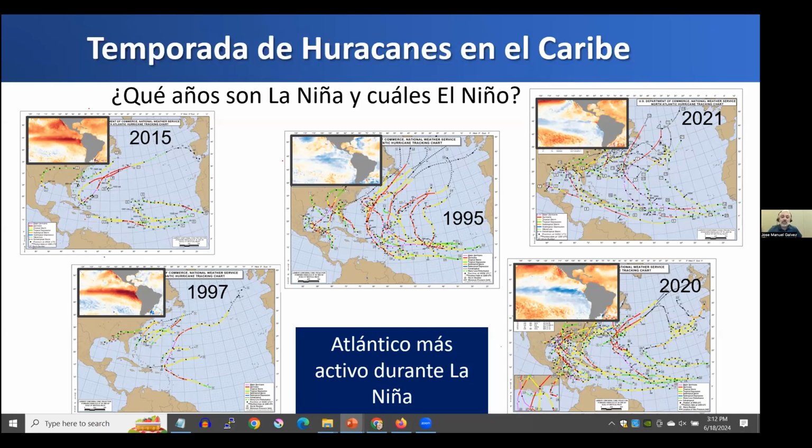The main reason is that whenever you get a La Nina in the Pacific, there are two things. One, you're enhancing a sinking branch of the Walker circulation, and since you're modifying the Walker circulation, you tend to enhance an ascending branch over the Caribbean. But there are also changes in the vertical wind shear. Vertical wind shear is the change of the wind with height.